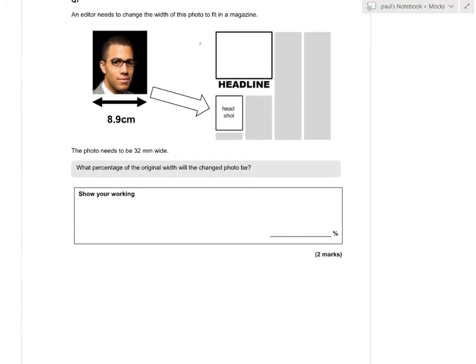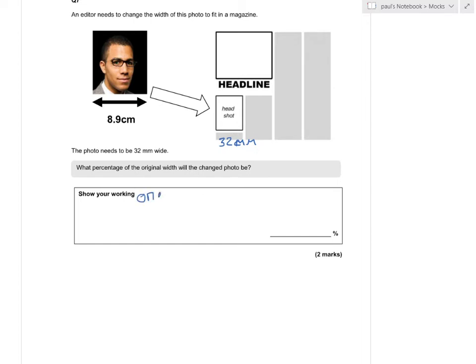Alright, an editor needs to change the width of a photo to fit the magazine. The photo needs to be 32 millimeters wide. What percentage of the original width will the photo be? Percentage change is original over difference. Yeah.